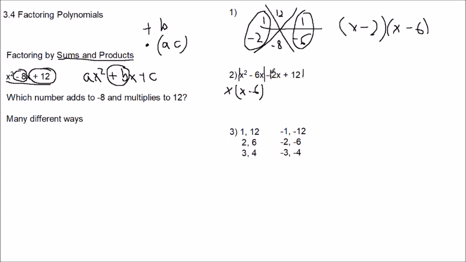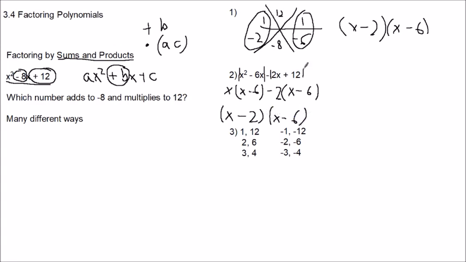Now, we don't want a negative in there, we want to factor the negative out, because we don't want a plus and then a minus. That's just annoying. So we just do minus 2 times x minus 6, because minus 2 times minus 6 is 12. Then these two both have a greatest common factor of x minus 6, so we can do x minus 2 times x minus 6. And that's another way to factor it.